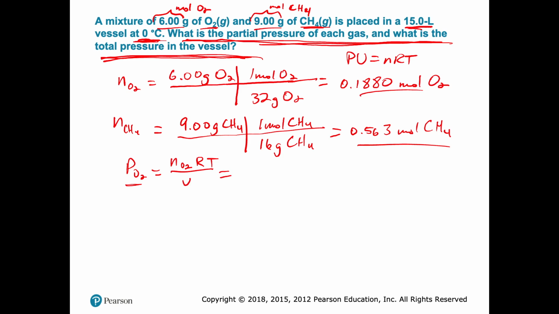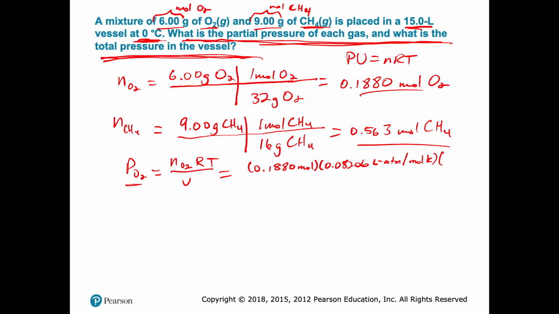And again, as Catherine always says, plug and chug time. We put the 0.1880 right here, moles. That came from our previous calculation. Multiply that by the ideal gas constant, 0.08206, and the unit there is liters atm per mole Kelvin. And then you multiply that by the temperature.